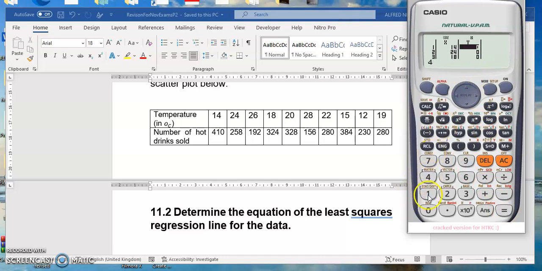Then I will have my 410. Then I will have my 258. Then 192.